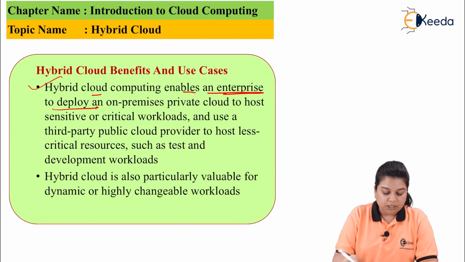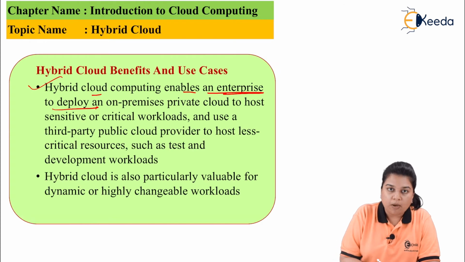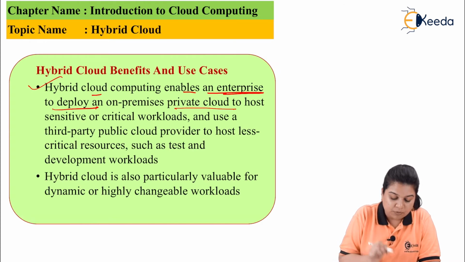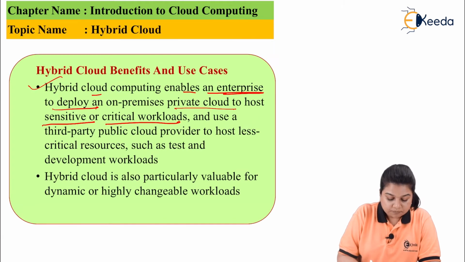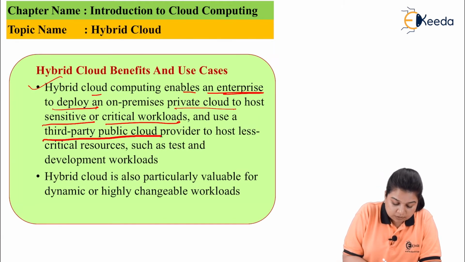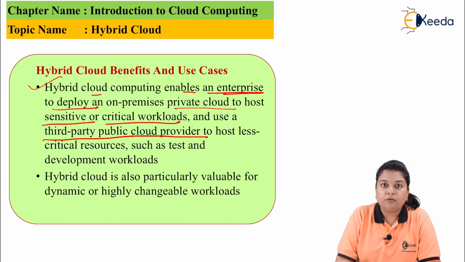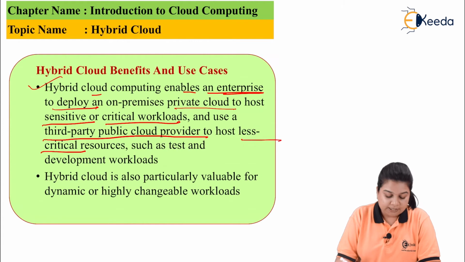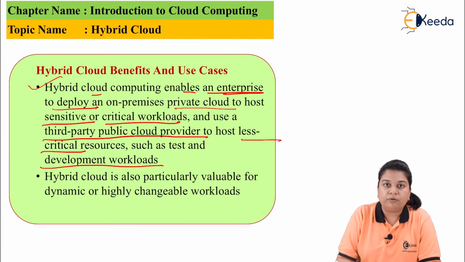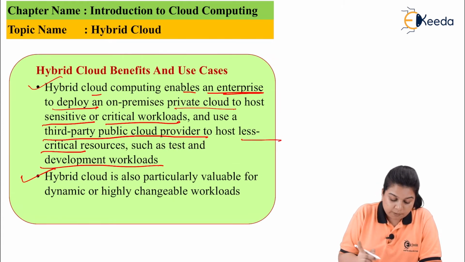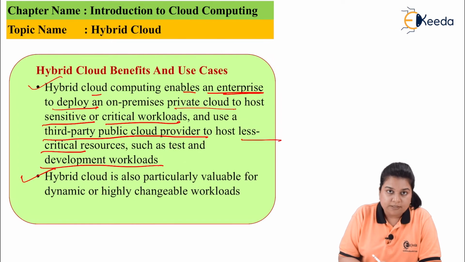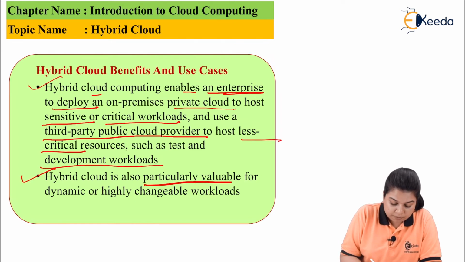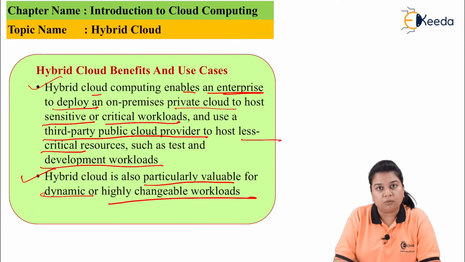Hybrid cloud computing enables an enterprise to deploy an on-premises private cloud to host sensitive or critical workloads and use a third-party public cloud provider to host less critical resources such as test and development workloads. Another point to consider is that hybrid cloud is also particularly valuable for dynamic or highly changeable workloads.